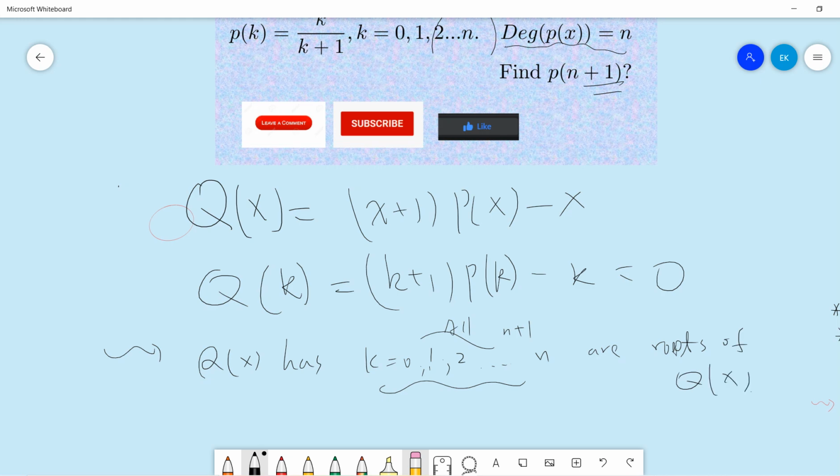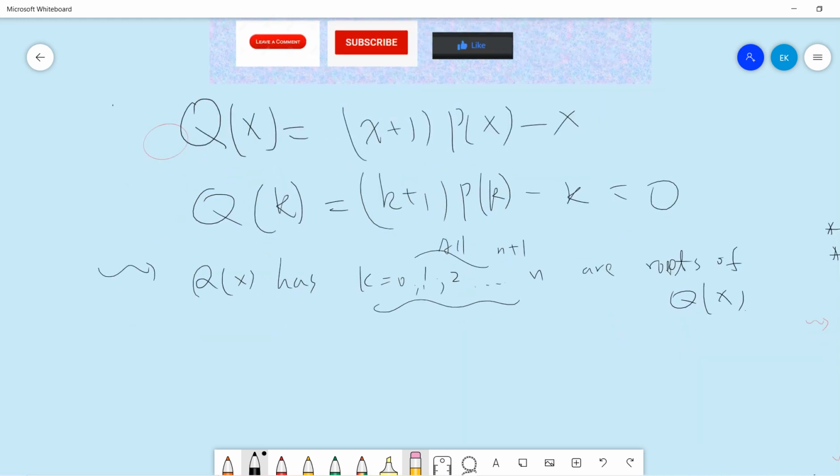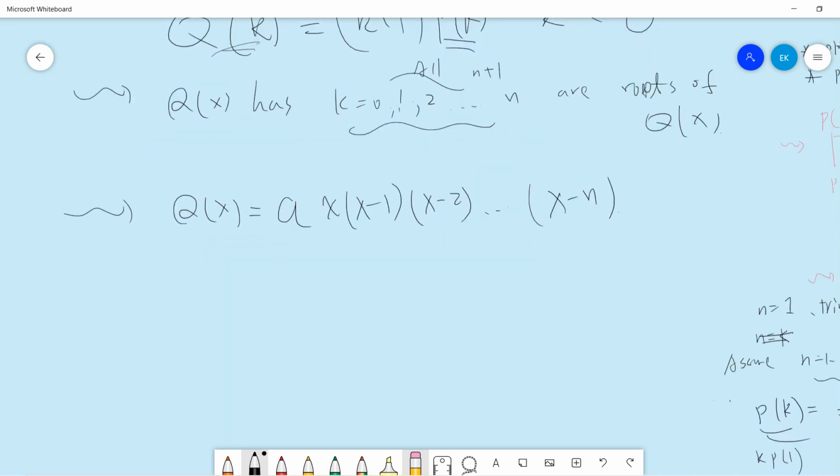Notice that p of x is degree n, so q is at most degree n plus 1. But you already have n plus 1 roots, so that means I can write q of x as some constant a times x, x minus 1, x minus 2, up to x minus n.